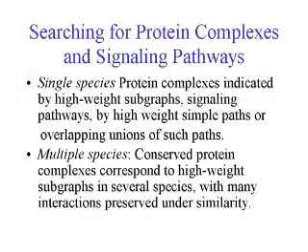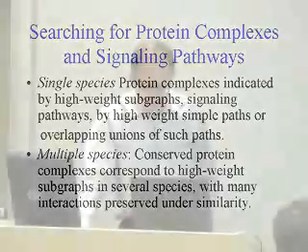And so we can try to mine this data either in a single species or in multiple species. In a single species, we would work with the premise that highly dense subgraphs might be candidates to serve as molecular complexes. And of course, this wouldn't be conclusive.